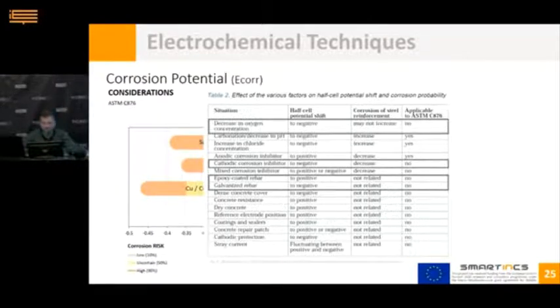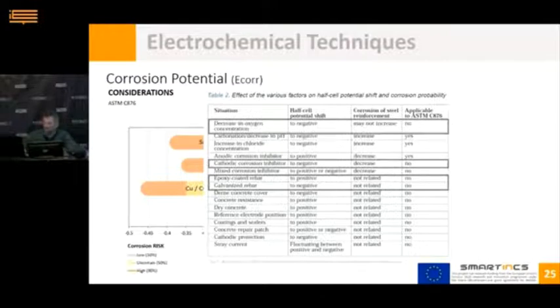Okay? In the case of epoxy-coated and galvanized steel reinforcement, the ASTM standard clearly indicates that the half-cell potential technique is not suitable. Epoxy-coated bars do not provide a good electrical connection to the measurement circuit, and a true and stable potential reading may not be achieved.